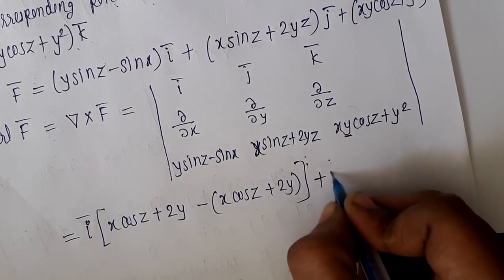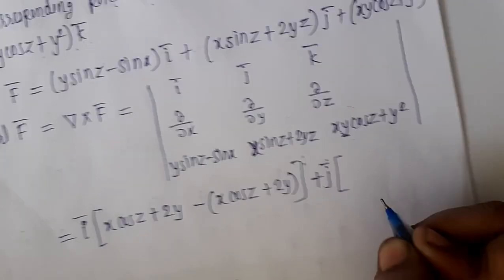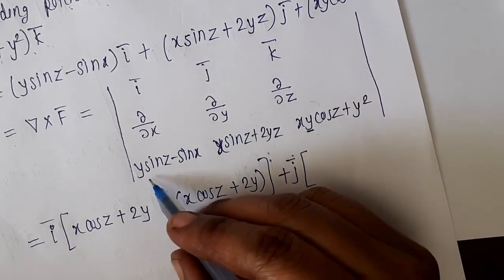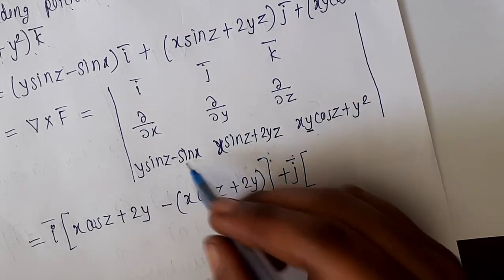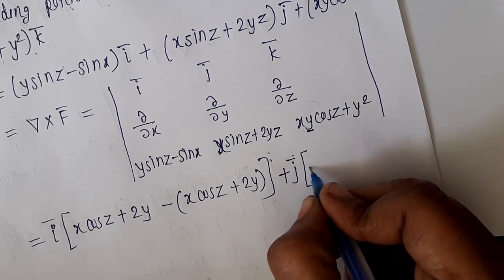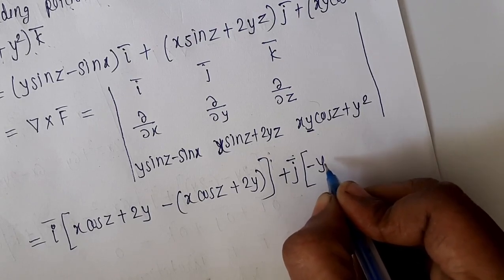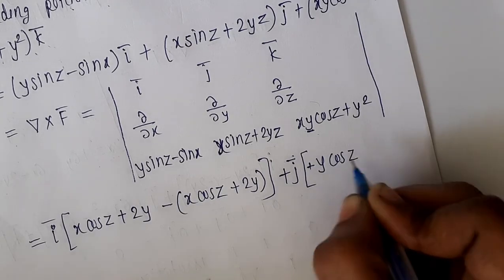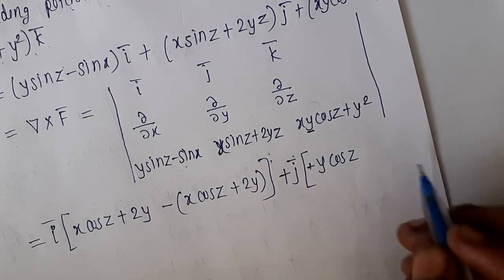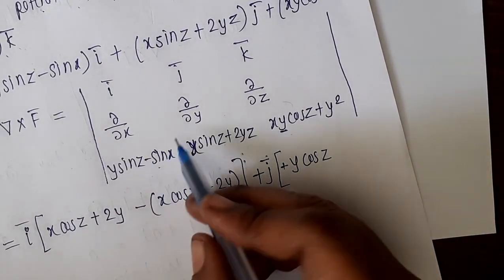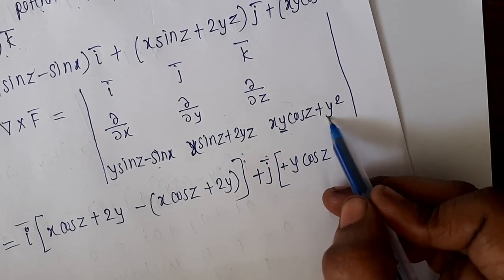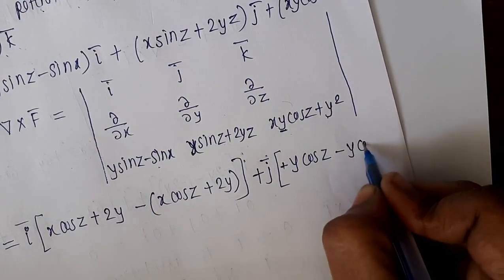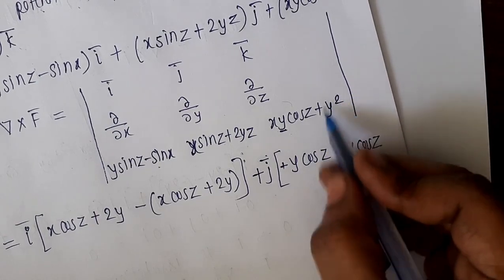Next, plus j times del by del z of y sin z, which is y cos z, and derivative of sin x with respect to z becomes 0. Then next, del by del x of this term, so it is minus of y cos z, and derivative of y square becomes 0.